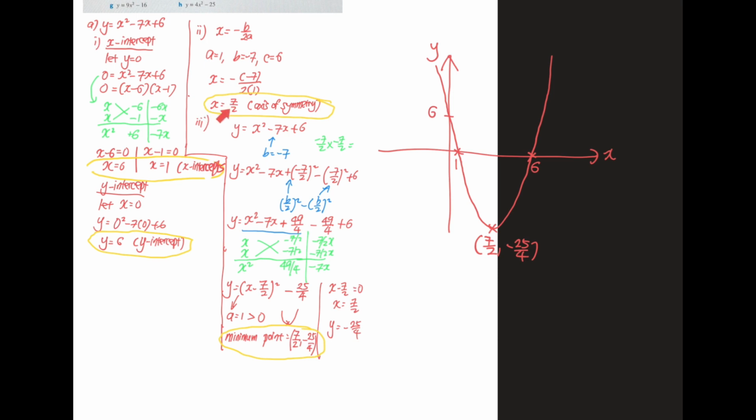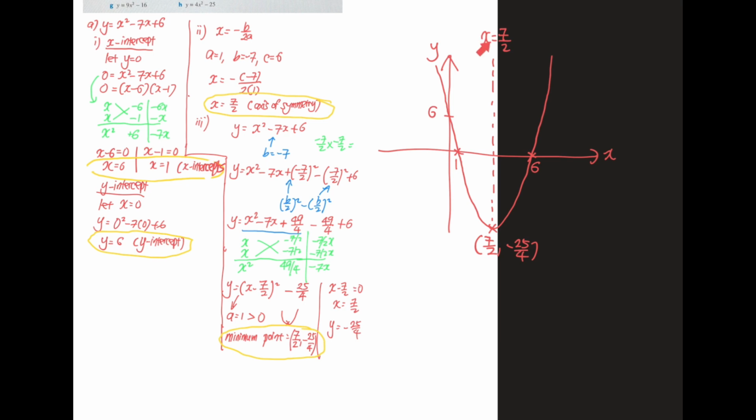Then the axis of symmetry we put like this, x equal to 7/2, right? We put it as a dotted line from the minimum point. Then we label it as x equal to 7/2. So this is how we handle the axis of symmetry. We draw a vertical line to represent that.